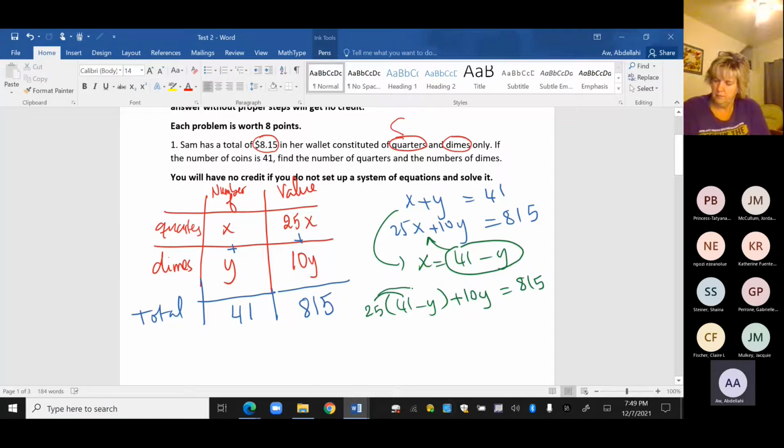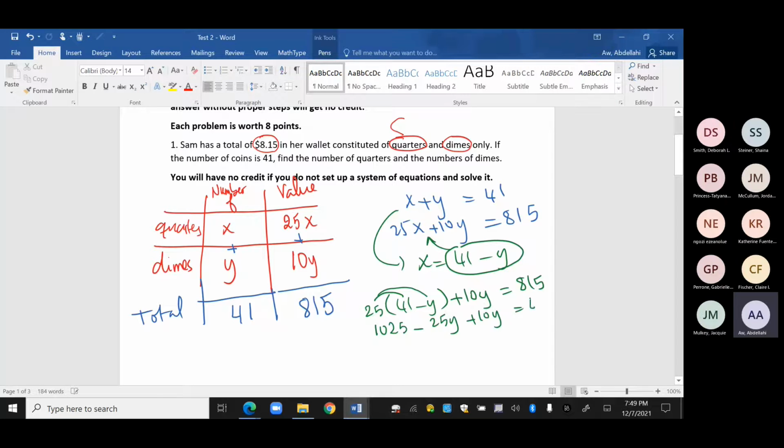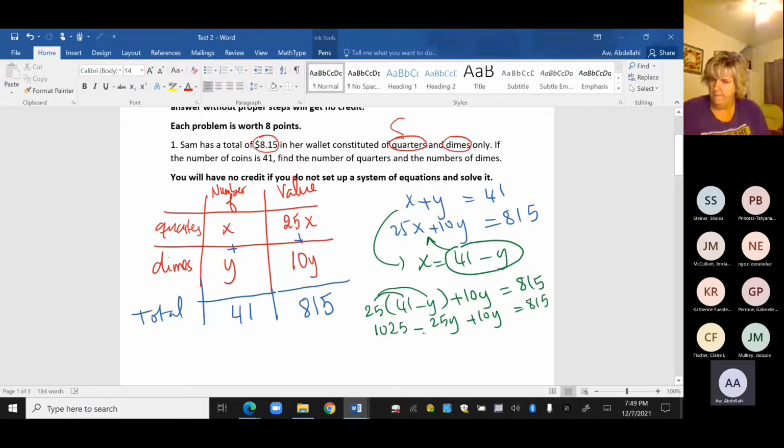So we distribute. 25 times 41 is 1,025, minus 25Y plus 10Y is equal to 815. So we group these two: 1,025 minus 15Y equal to 815.